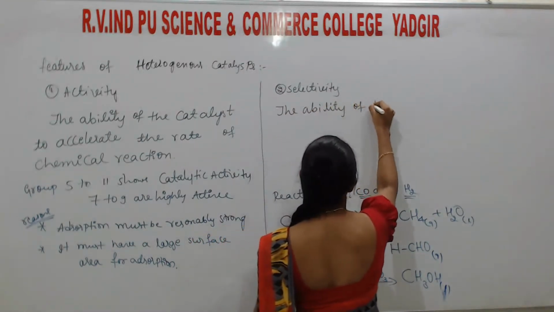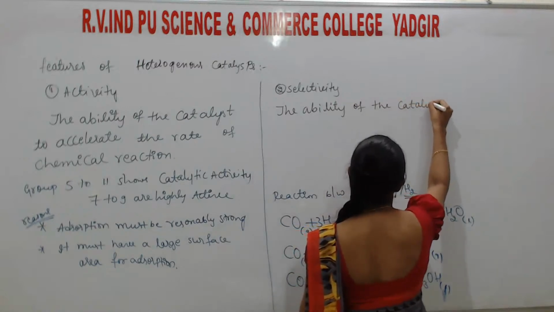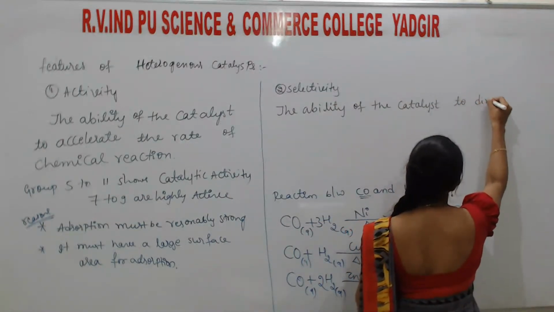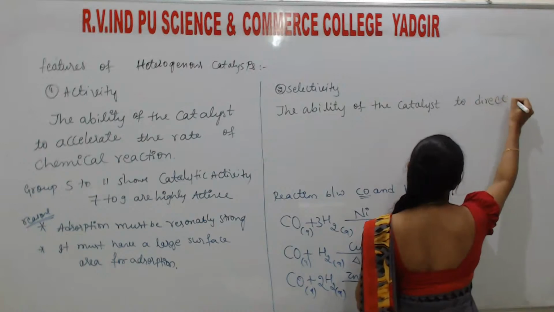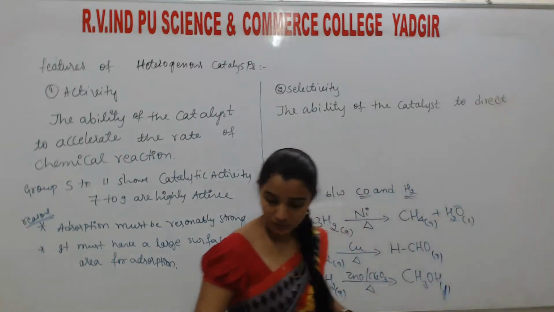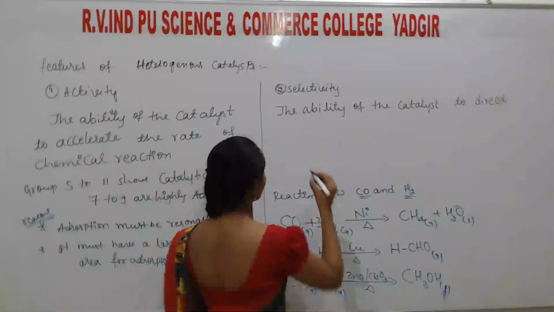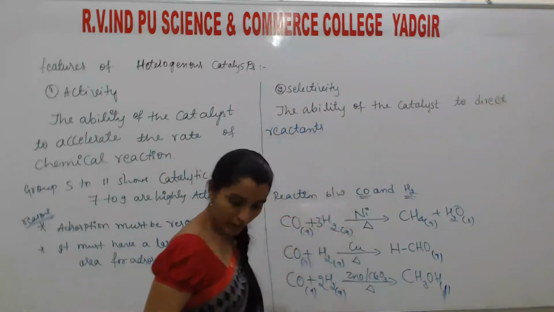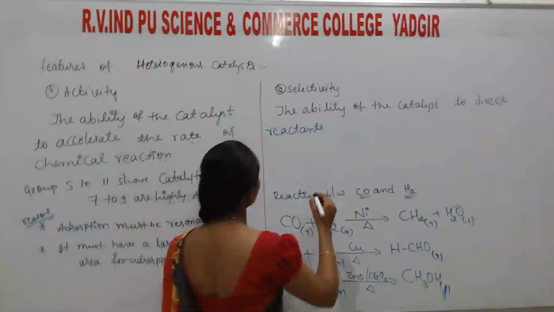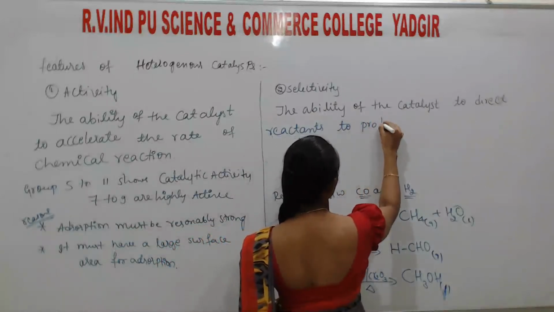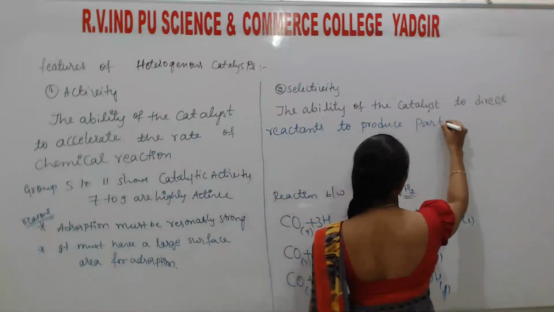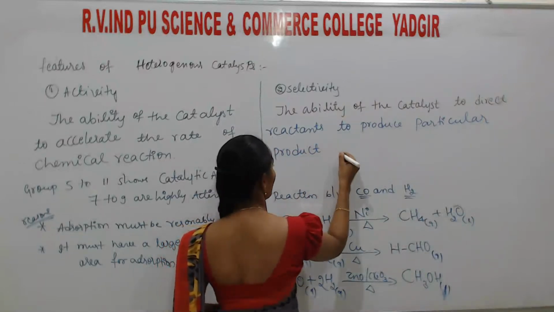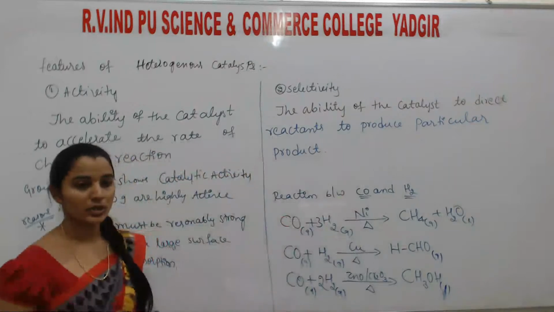The ability of the catalyst to direct reactants to produce a particular product is called selectivity.